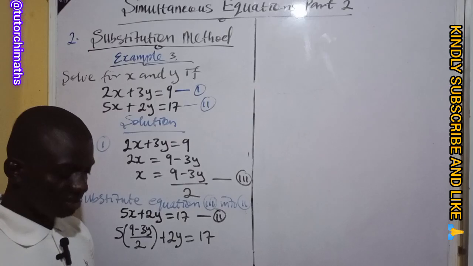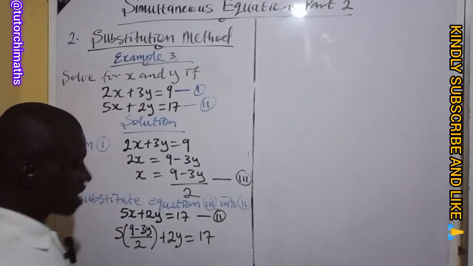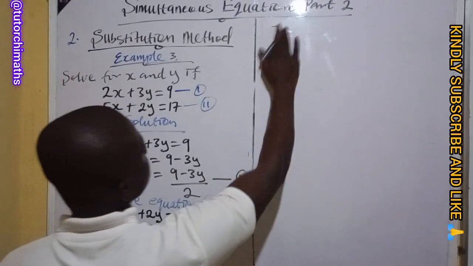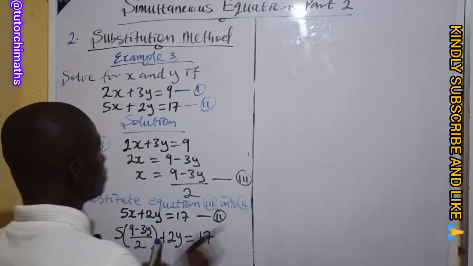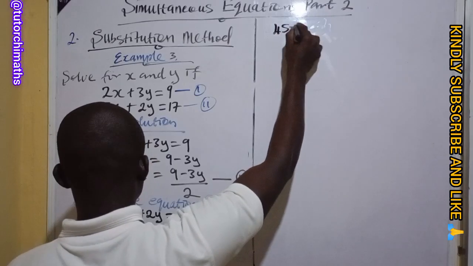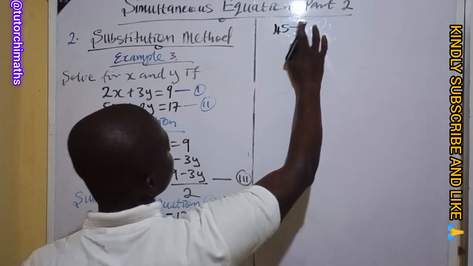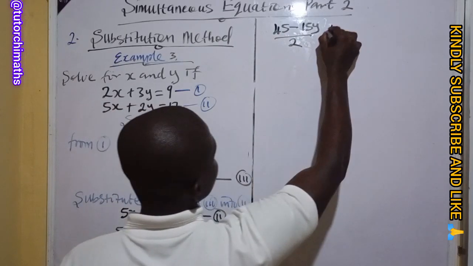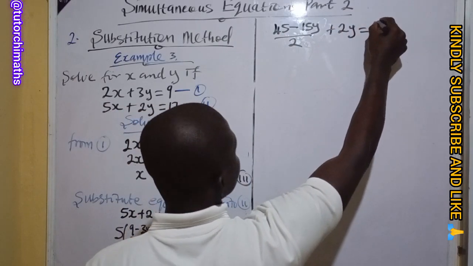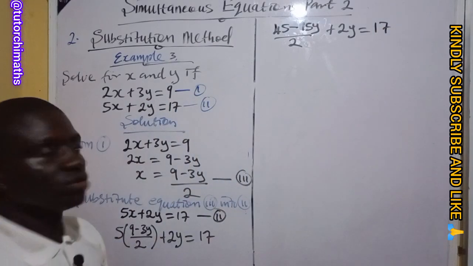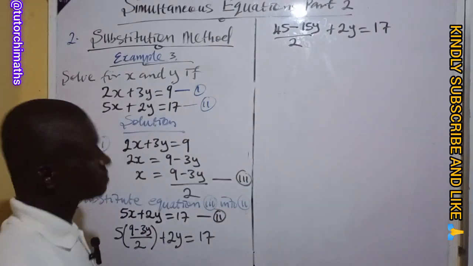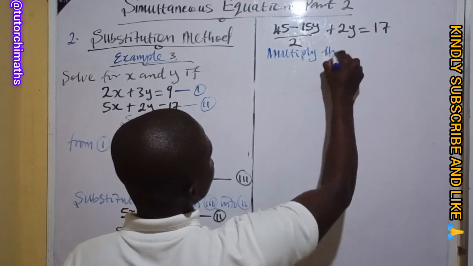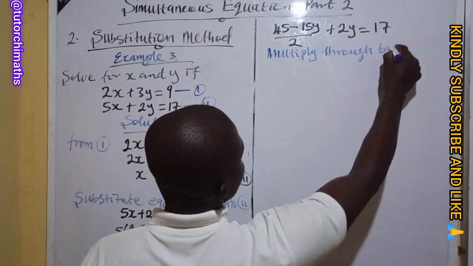Now let's simplify this. If we simplify, we are going to have 5 times 9, that is 45. We are going to have 45 minus 15y, all divided by 2, plus 2y equals 17. Now multiply by 2 to clear the fraction. So I will multiply through by 2.